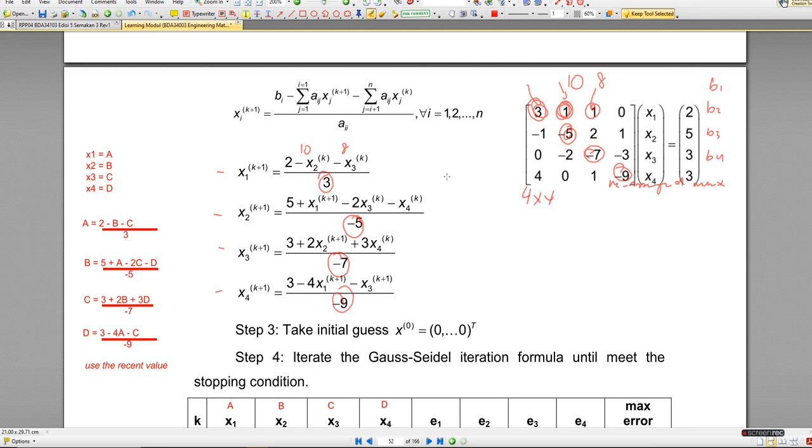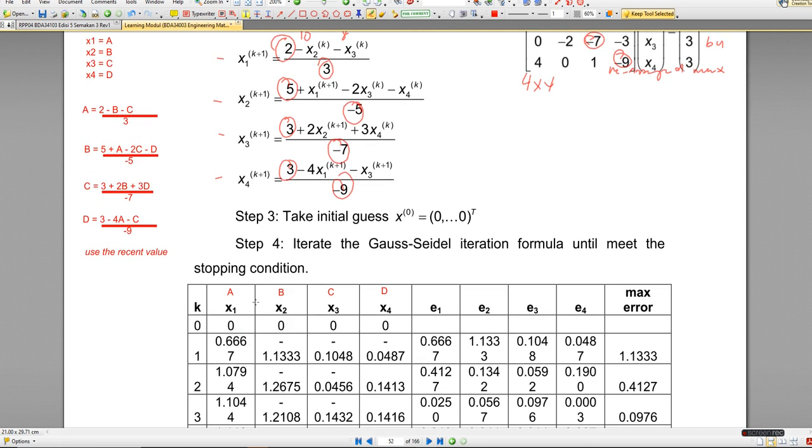The rest you put here in A element, and this one is the B matrix element. So I believe that you are clear. If you are still not clear, then we will have a refreshment discussion in our class on the next series of class.